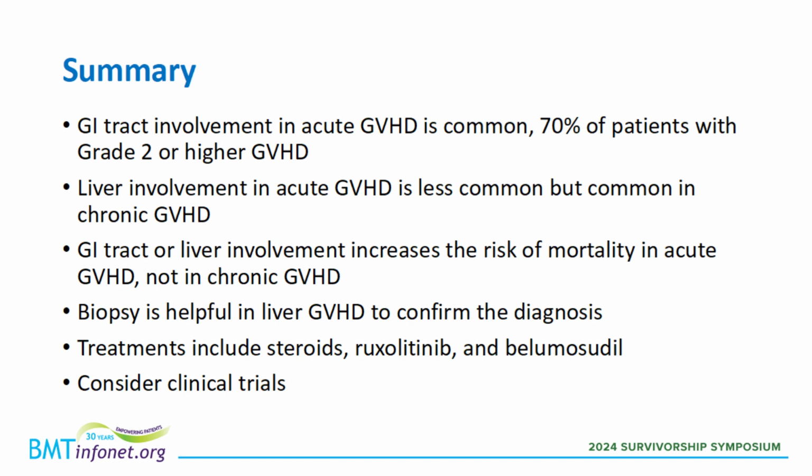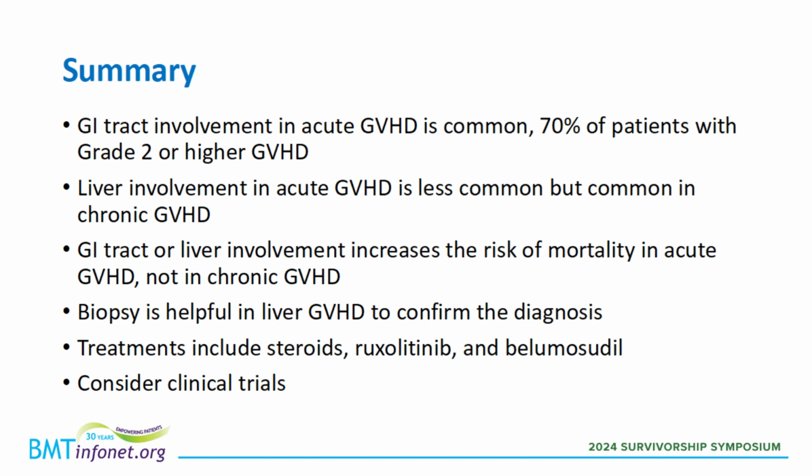GI tract or liver involvement does increase the risk of mortality in acute GVHD. Interestingly, it does not in chronic GVHD. Chronic GVHD is thought to be obviously more chronically treated and more of a slow persistence or slow progression. Biopsy is helpful in liver GVHD, in acute or chronic GVHD, to confirm the diagnosis, rule out other causes, and monitor for progression even.